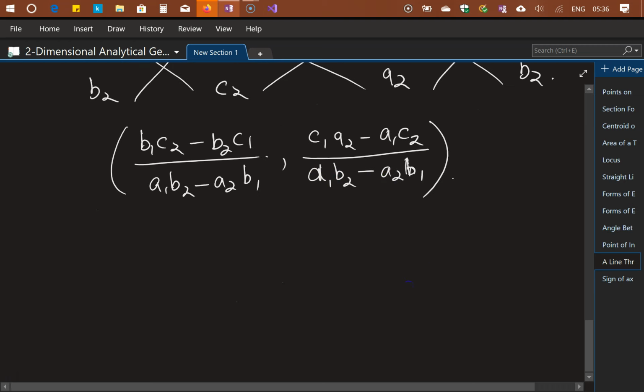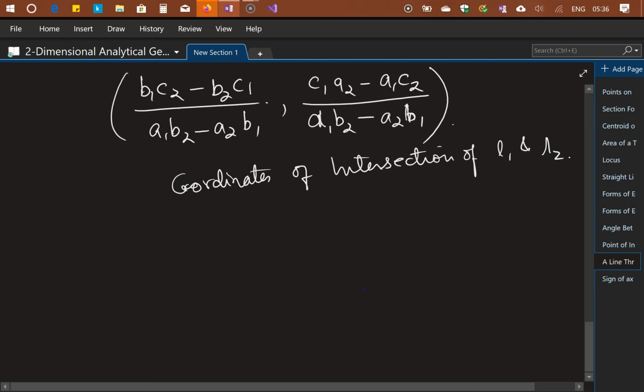Okay, so we have got the coordinates of the intersection of L1 and L2.